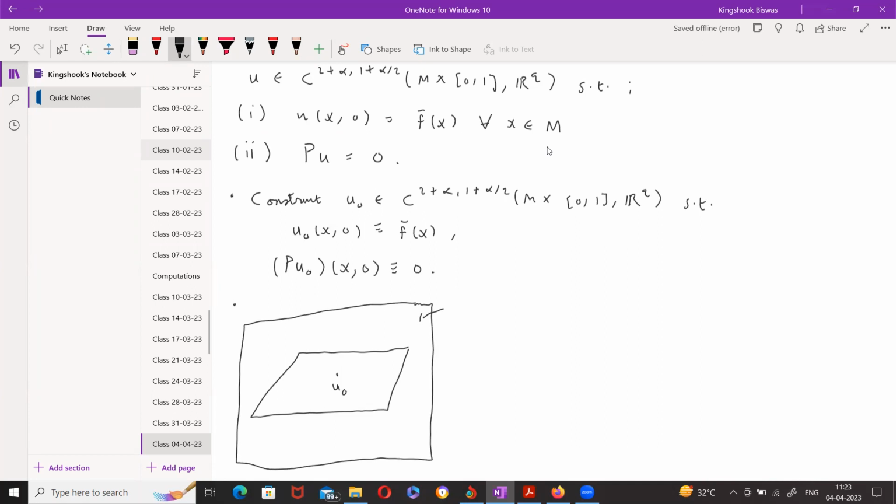This is C2 plus alpha. Well, actually, you'll take 2 plus alpha prime, 1 plus alpha prime by 2, where alpha prime is strictly less than alpha. So this is the full Holder space. We've got this U naught here.